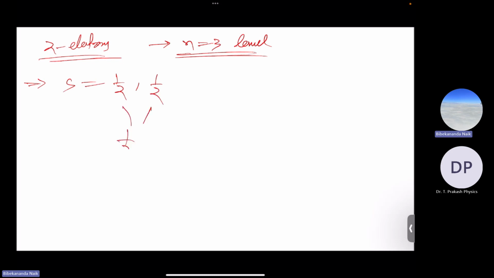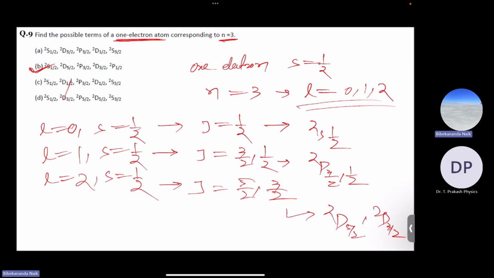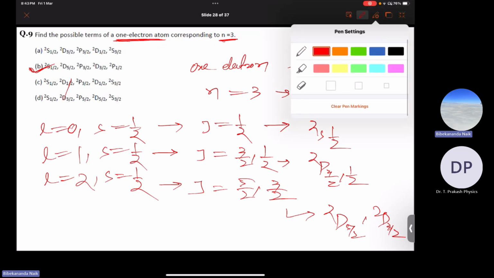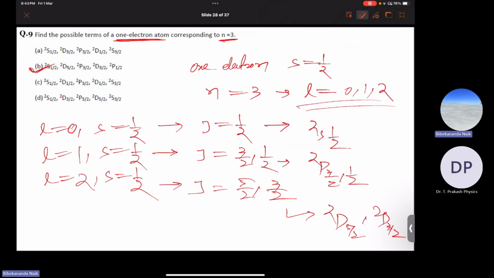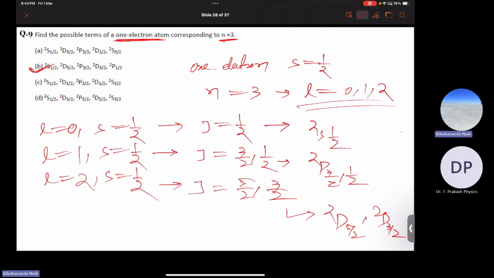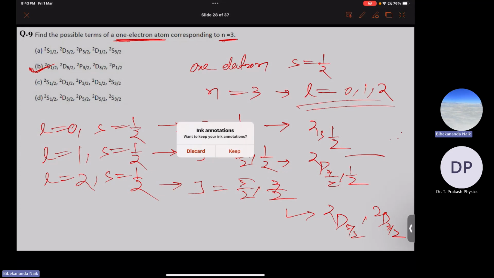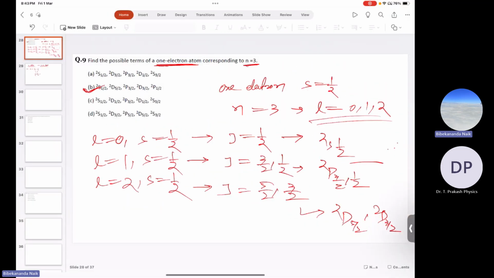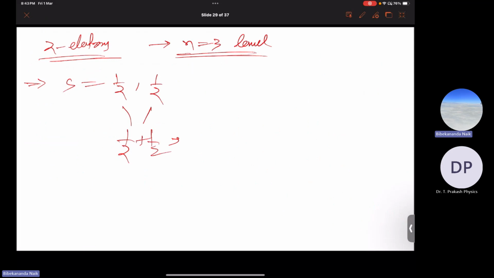So it will be half plus half, and half minus half.